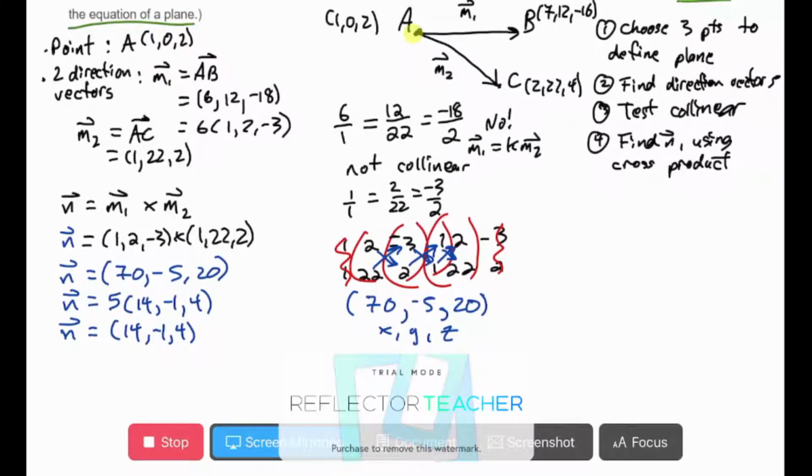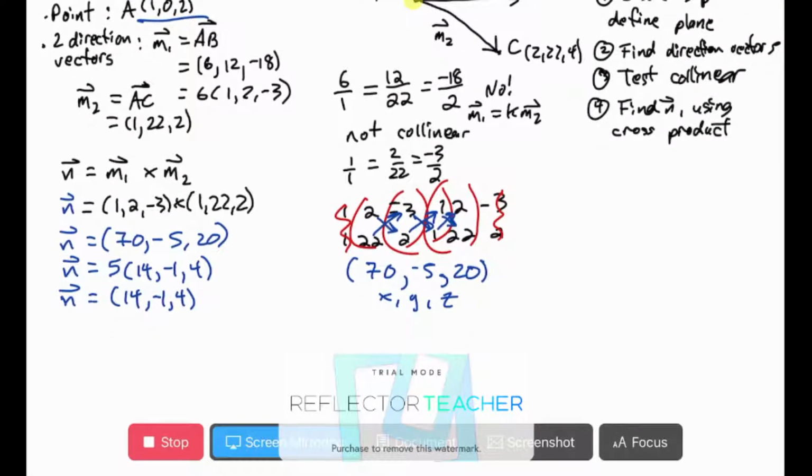All right, now that I have my normal vector and I know a point on the line that I can use, our point was up here. Let's go ahead and actually find our scalar equation: ax plus by plus cz plus d equals 0.